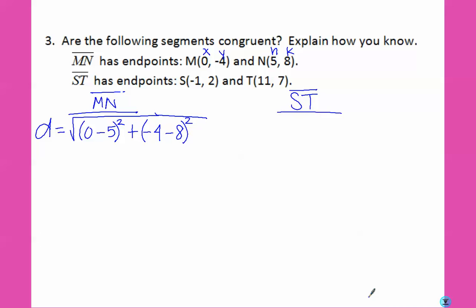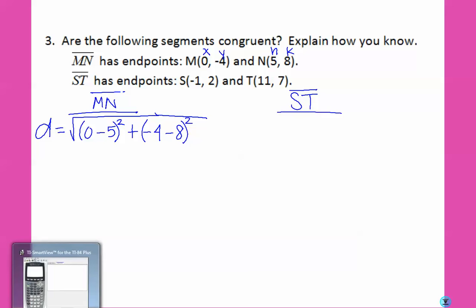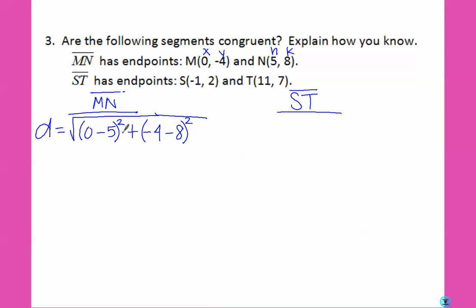Now I'm going to show you a small little trick on your calculator that can help reduce your steps and reduce the chance of error when we're simplifying our radical.